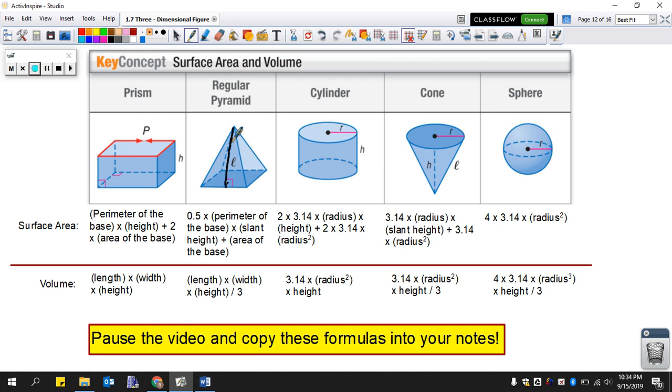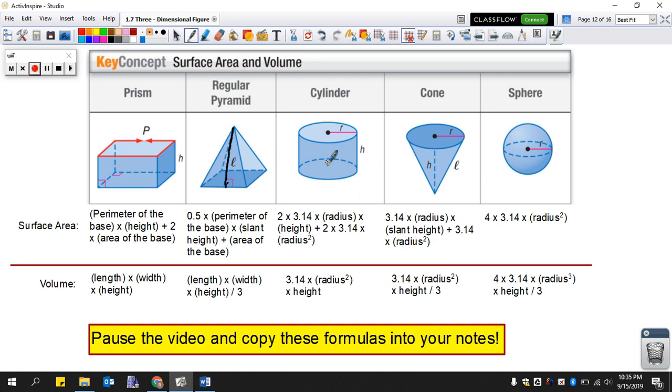Plus you add the area of the base to that. So basically, you're finding the area of one of the triangular sides times the perimeter, and then adding that to the area of the base.